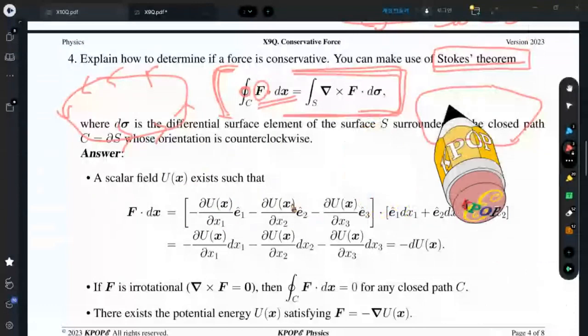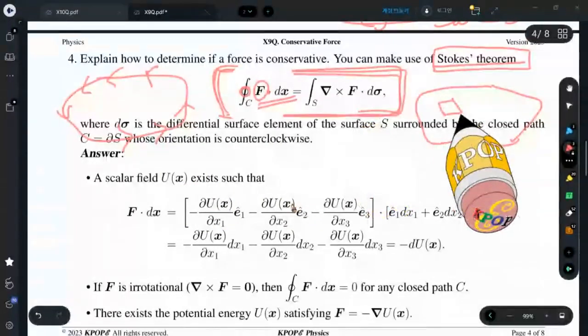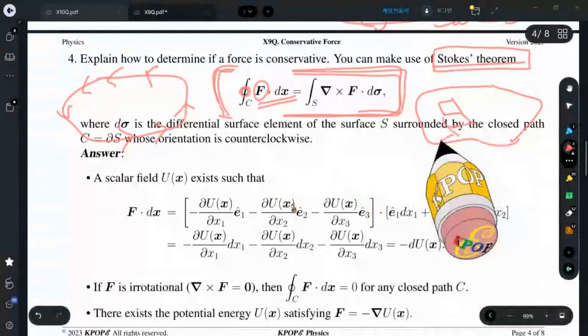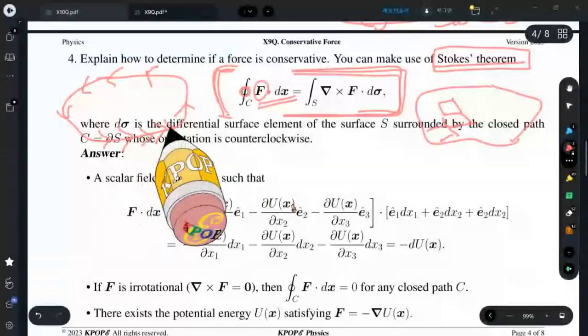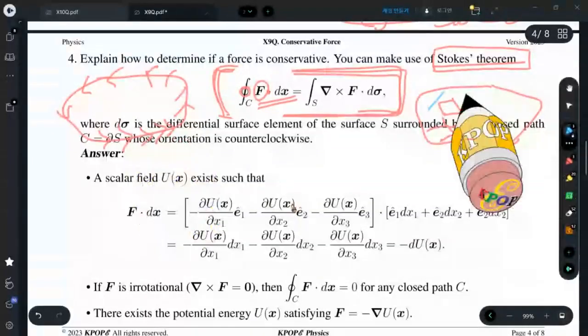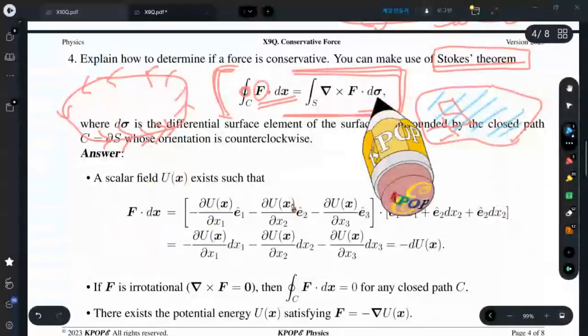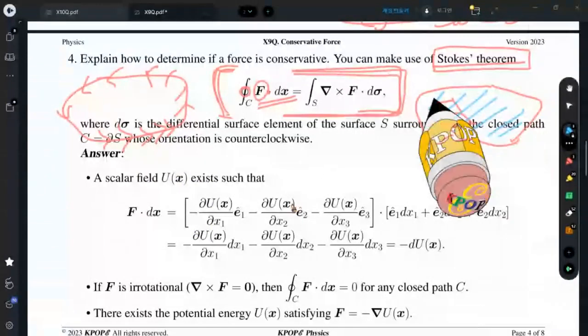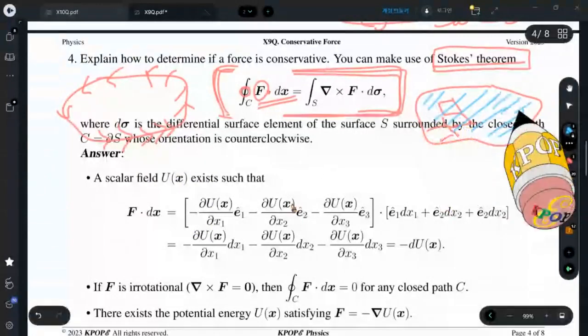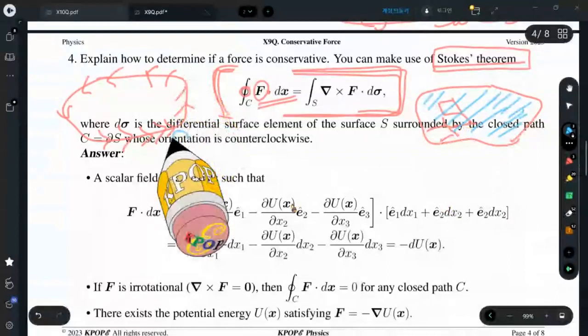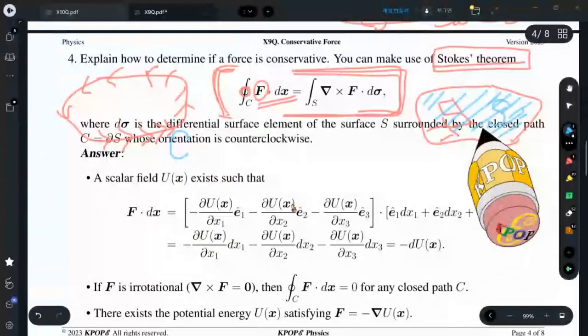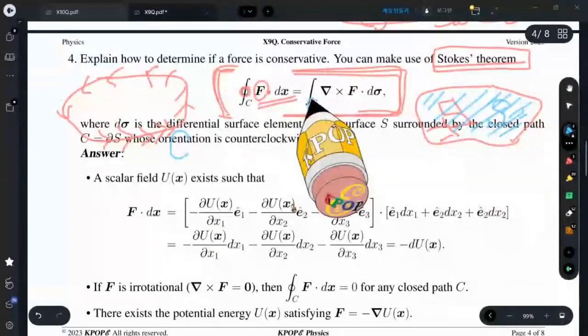The right-hand side is an integral over a surface surrounded by this closed path. This we call S, surface.